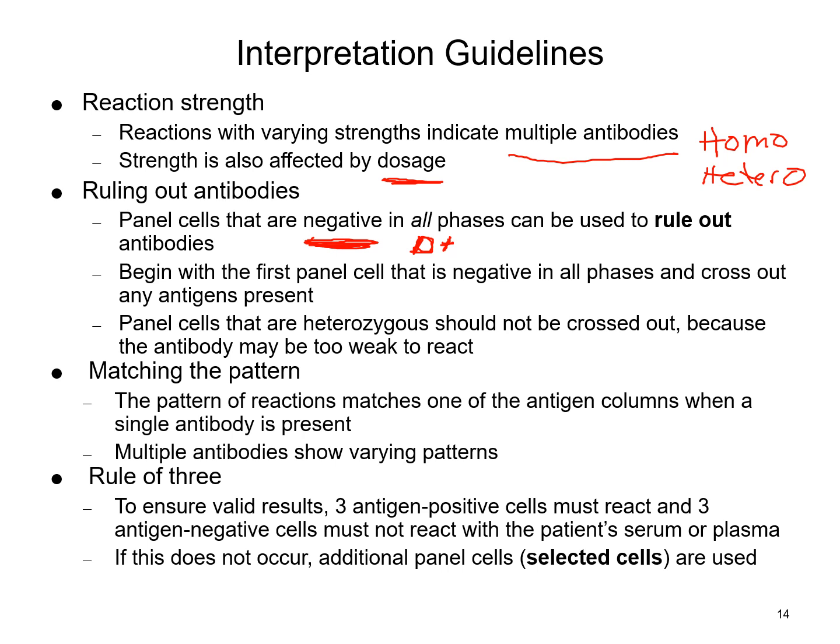We're going to look for panel cells that are heterozygous, because those are not going to be crossed out, because that particular antibody could be very weak, and that means it's not reacting with those heterozygous cells.